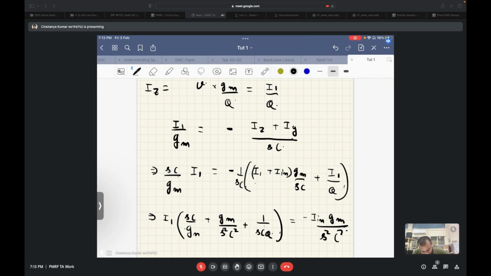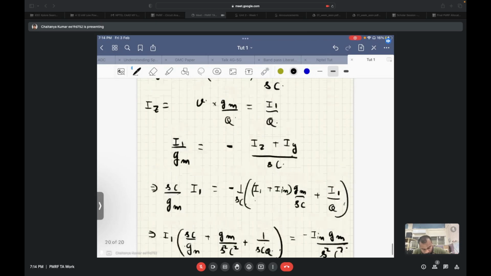This seems dimensionally incorrect. Sorry, this term over here is, so we will have GM at the top node.